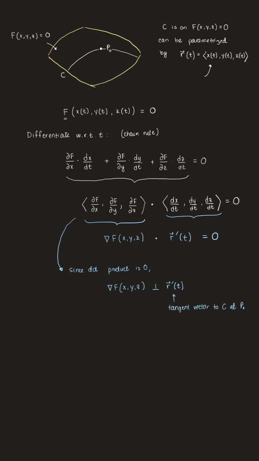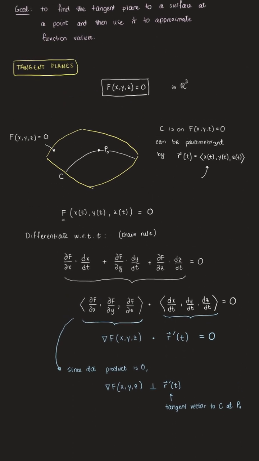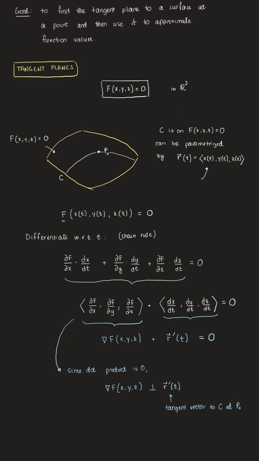So let's go back to our diagram and draw what we have so far. So recall that the tangent vector actually, if I sketch it on my curve, gives us the direction of the vector function. So my vector in blue is r prime of t at my point p0.